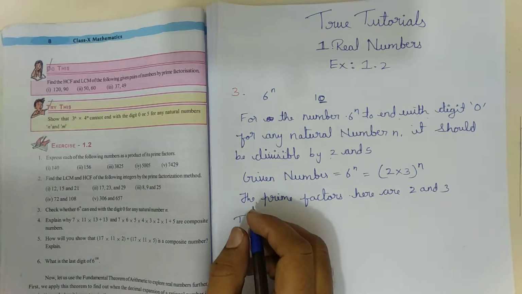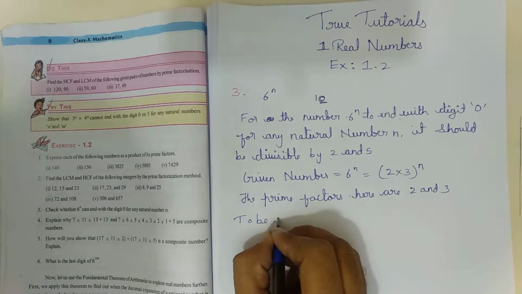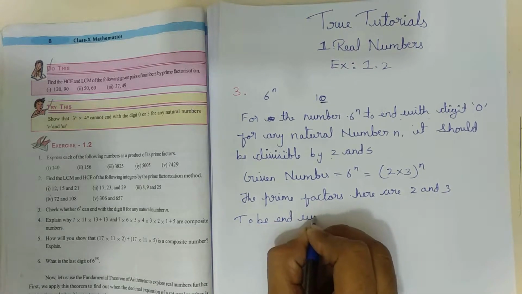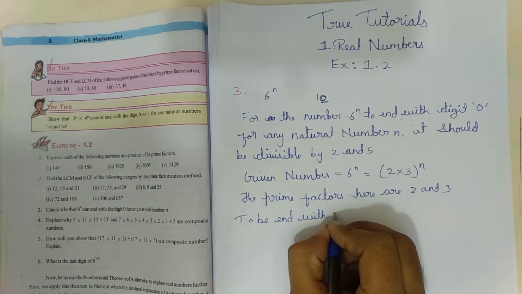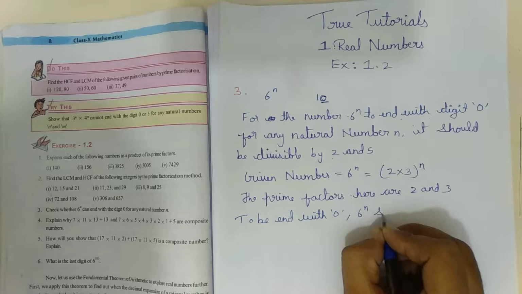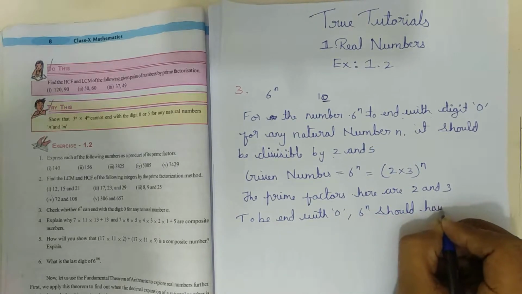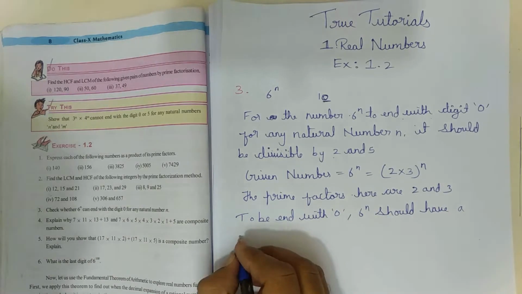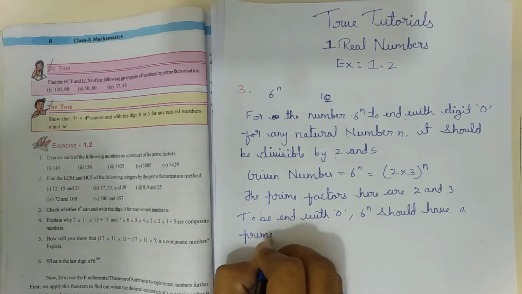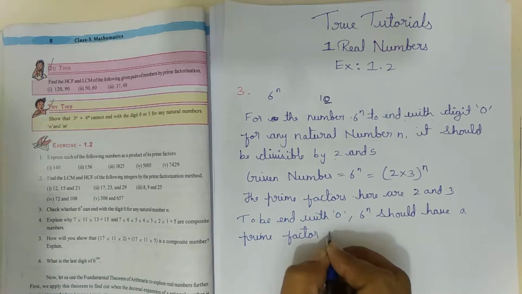So we can write the reason: to end with 0, 6^n should have the prime factor 5.